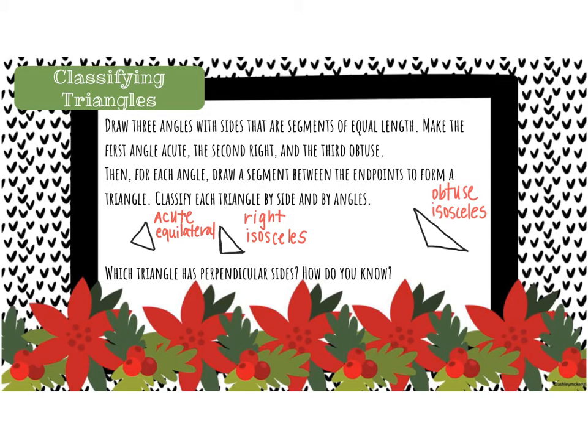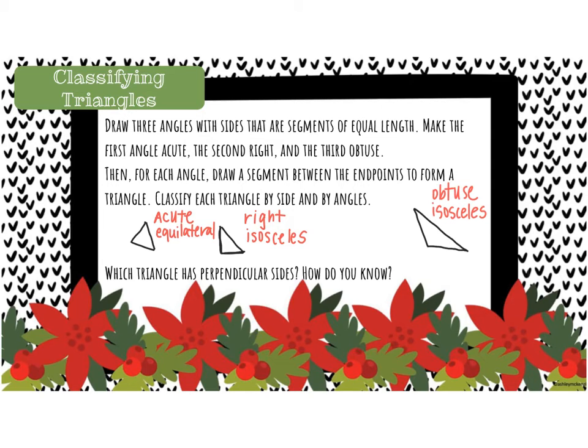Okay, there's only one triangle that has perpendicular sides. Do y'all remember what perpendicular is? So they cross, and what happens especially with perpendicular lines when they cross each other? They make a right angle. Which one of these triangles has perpendicular sides?